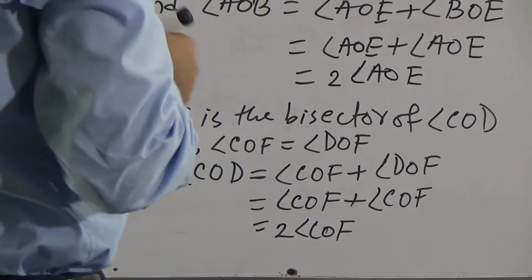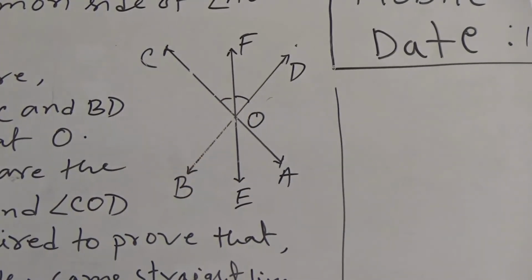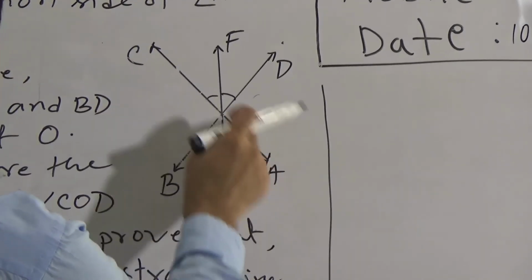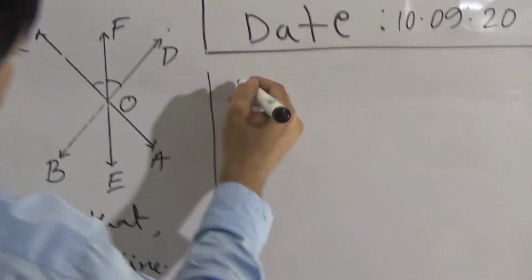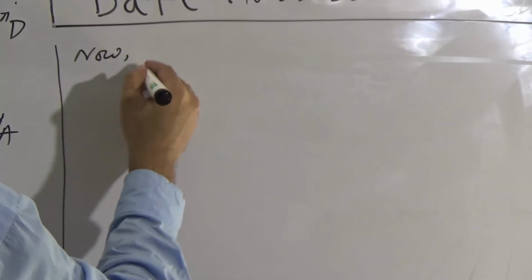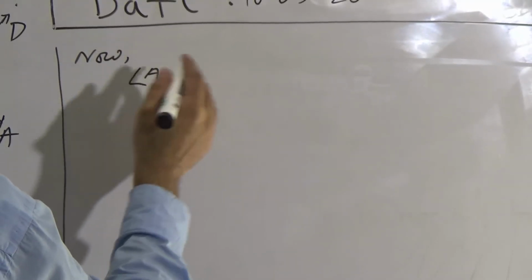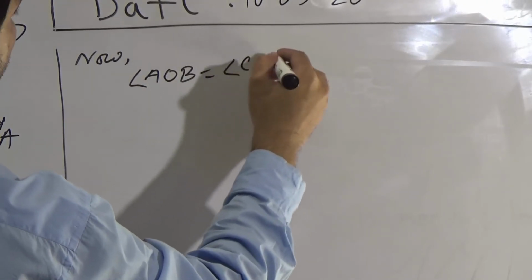Okay, dear students, now from the figure we can say angle AOB and COD are vertically opposite angles. So these two angles will be equal. So we can write angle AOB is equal to angle COD.